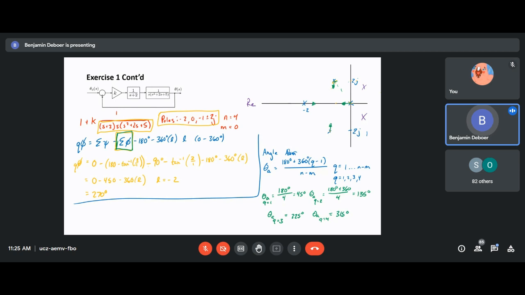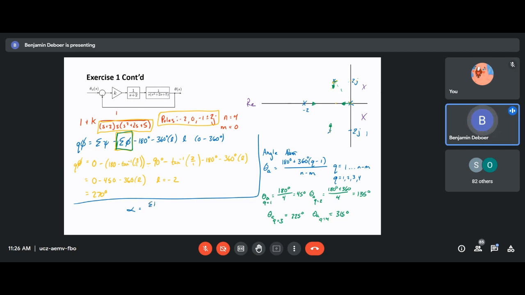But all we have now is actually an angle, and we have no clue where this asymptote starts on our plane. So what we can do here is calculate the centroid of our asymptotes using this equation here. This again is all in your notes.